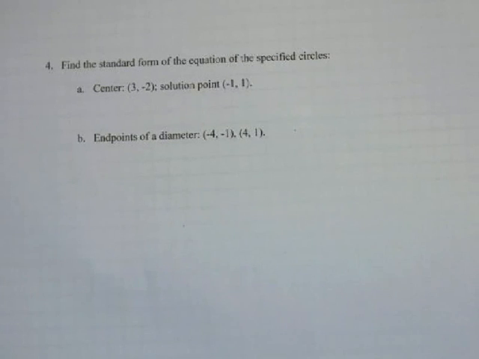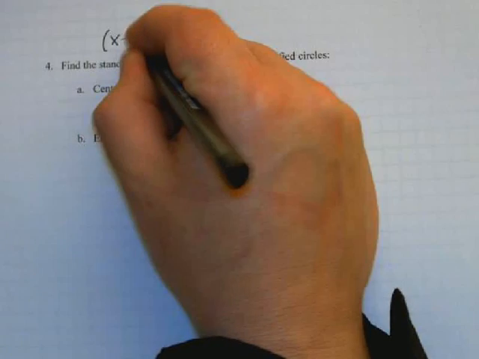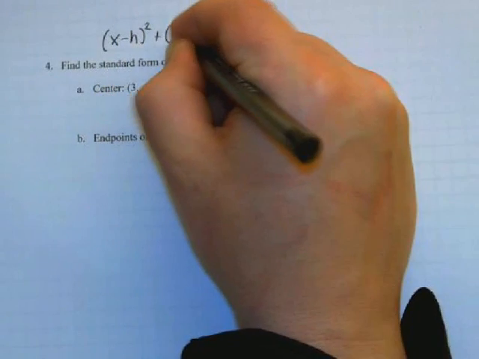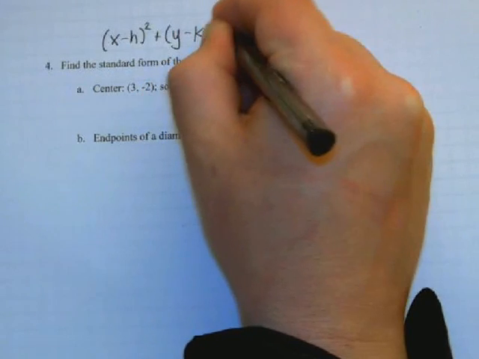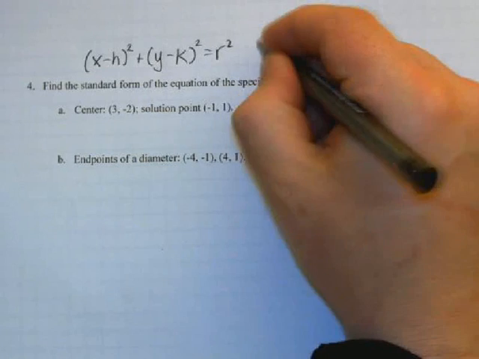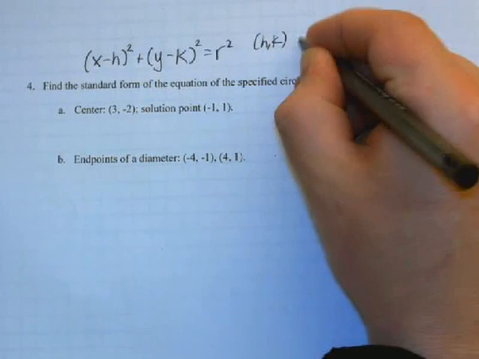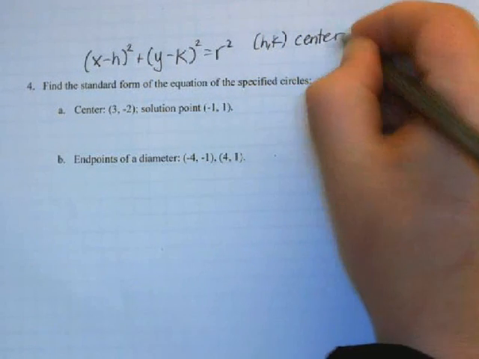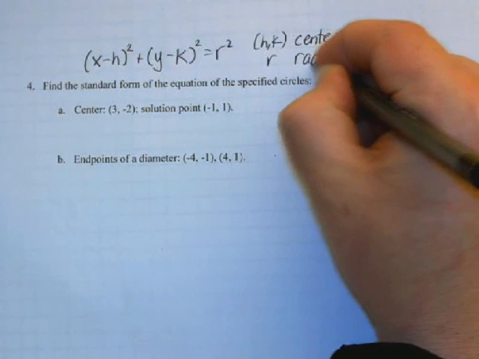Okay, number 4, find the standard form of the equation of the circles. So here is standard form for a circle, where h, k is the center and r is the length of the radius.